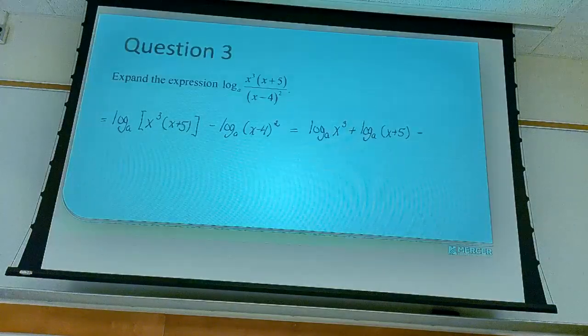Yes, it is technically log of a product, but there's actually something else it is. It's log of a power, isn't it? That's true. So you can use the power law. But could you use the power law? You could, and it's going to give you the same thing, just with a little bit more algebra.